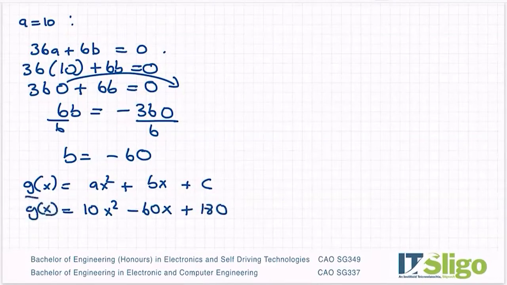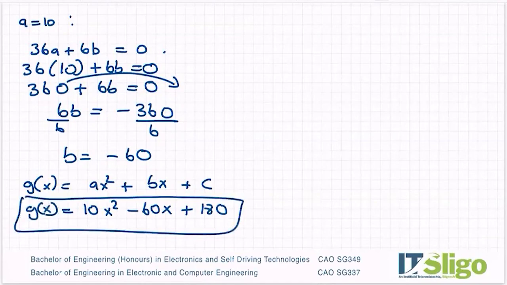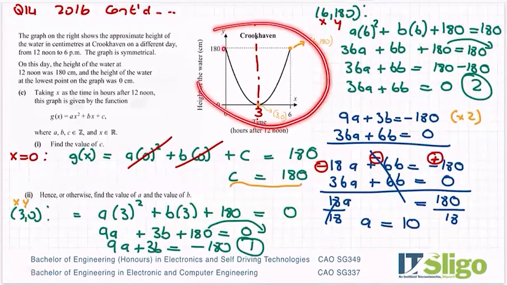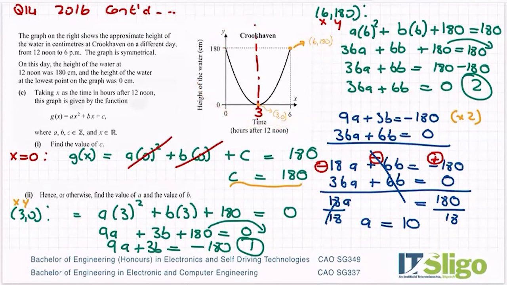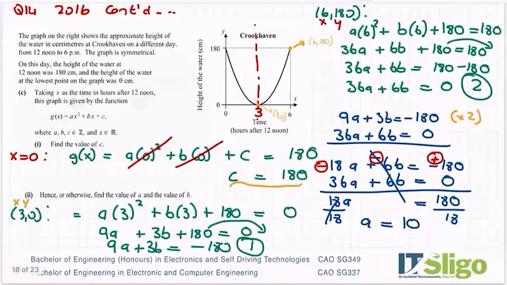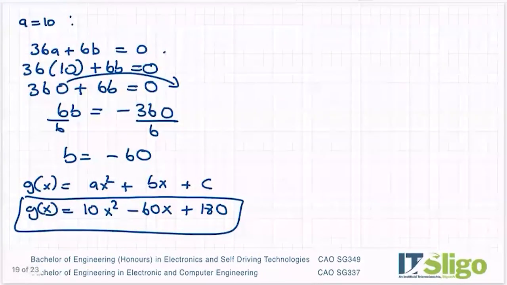So that describes that function. So it's a backwards question. They gave us the function in this part. They gave us 3 points on it, and you were to come up with the function. Whereas in other questions, they give you the function and you're to come up with the graph. Okay, so this was the more backwards type question.